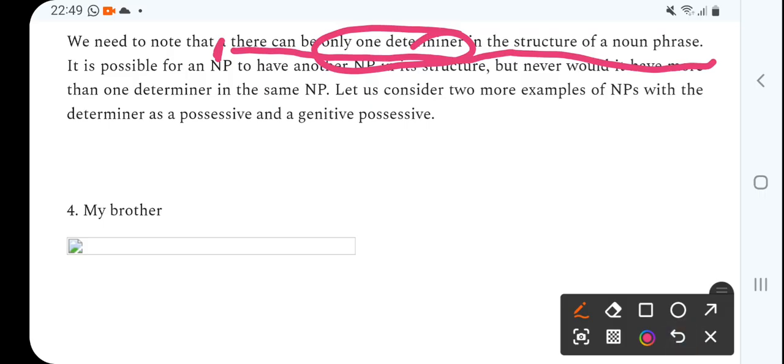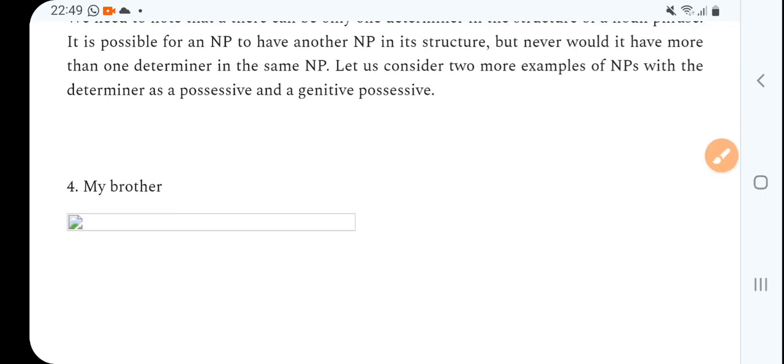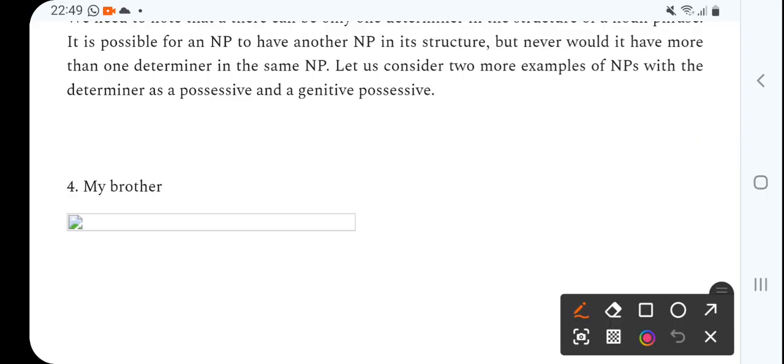Please remember, it is possible for a noun phrase to have another noun phrase in its structure, but never would it have more than one determiner in the same noun phrase.